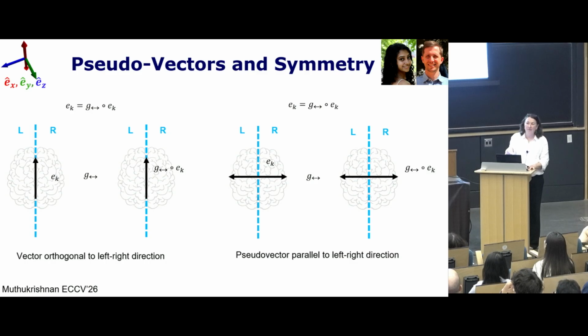So what we found is that the best representation was to represent up and front-to-back vectors as vectors, but the vector that goes left to right is what's called a pseudo-vector. The term comes from physics, and there are mathematical properties of it. The bottom line is that a pseudo-vector specifies direction but doesn't commit to whether it's pointing this way or that way.